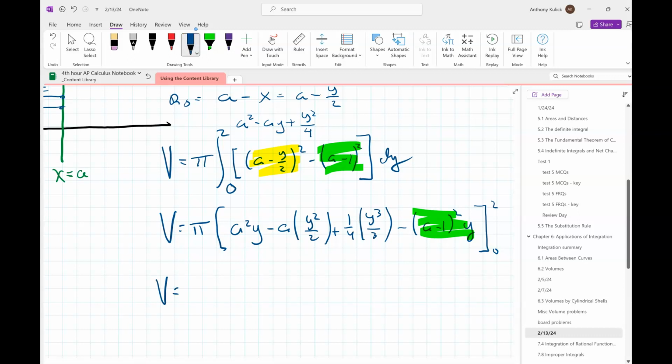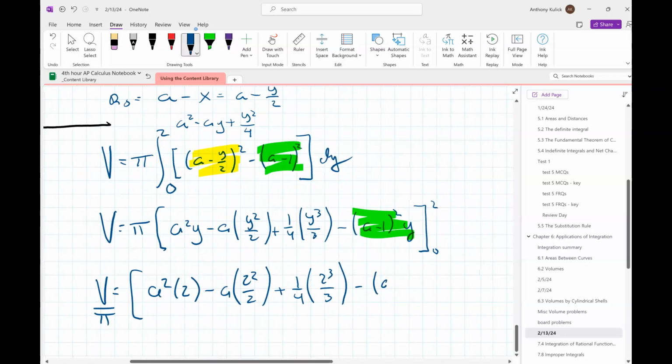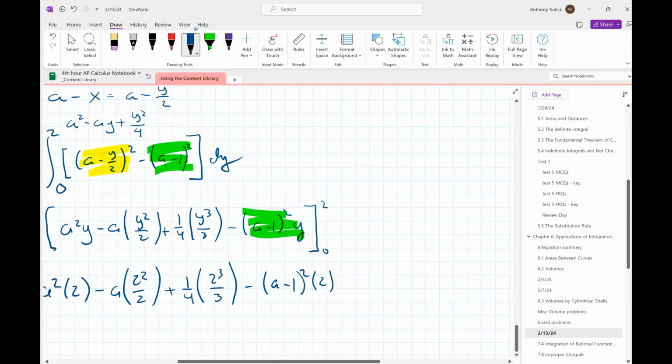So let's see what we got here. Oops, I'll just divide that pi over. Get that out of there. So I'm going to have a squared times 2 minus a times 2 squared over 2, plus 1/4 times 2 cubed over 3, minus (a minus 1) squared times 2. And then I have minus zeros after that, right? Because everything's got a y in it.